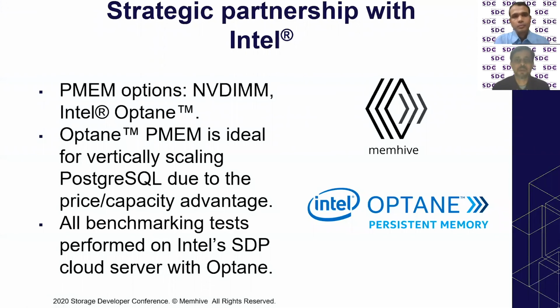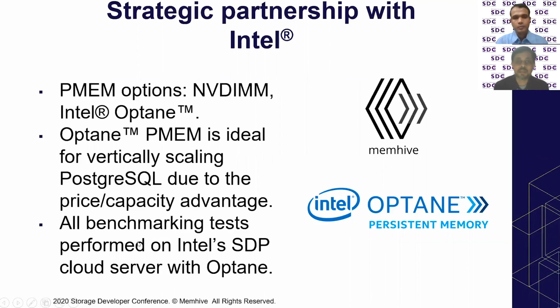All right, before I start off with the test configurations and the test server itself, I would like to mention that we have a partnership with Intel, which has graciously sponsored us a server in their SDP cloud, which has all the necessary things for us to test Postgres and our various features that we have developed on top of Postgres. And the hardware that we have used is called Intel Optane.